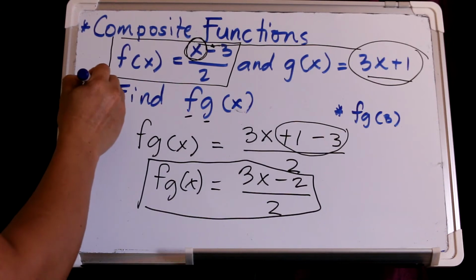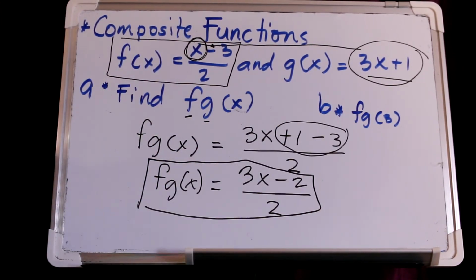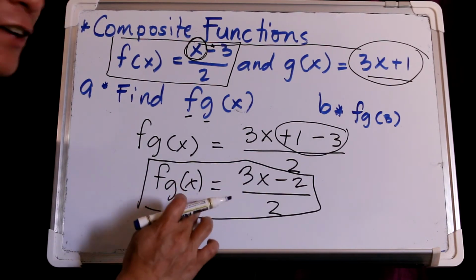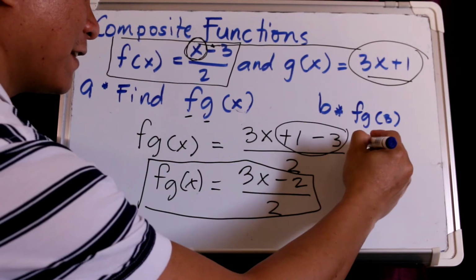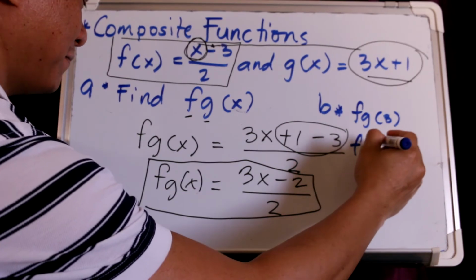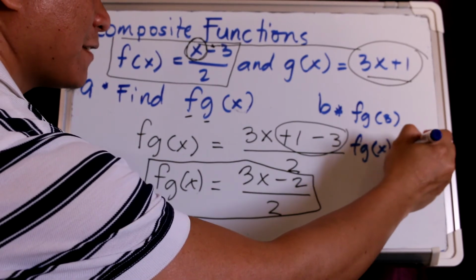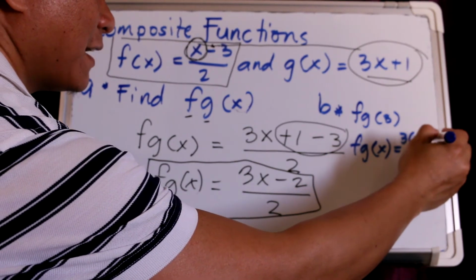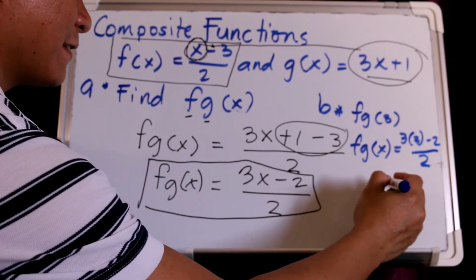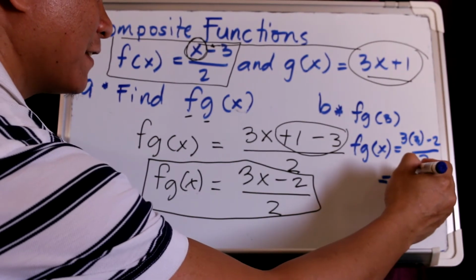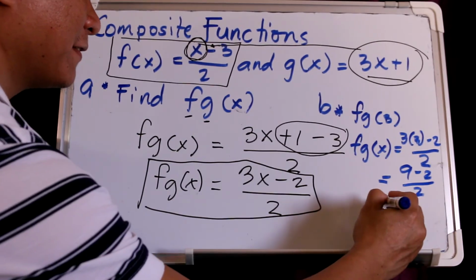Okay, so this will be our A, this will be our B. So to find fg(3), we will use this function here. We will have fg(x) in the x equals 3 times 3 minus 2 divided by 2. So that you are going to have 9 minus 2 divided by 2.